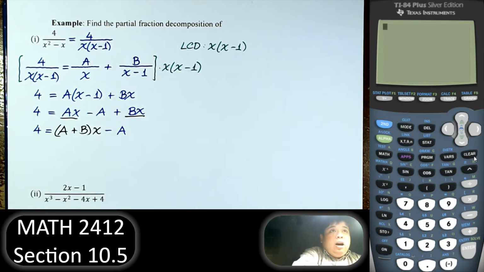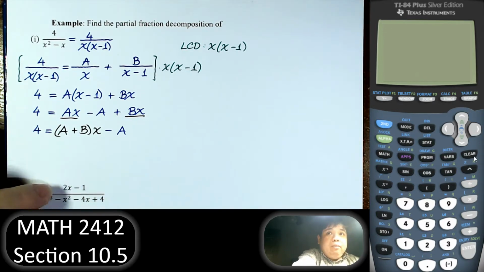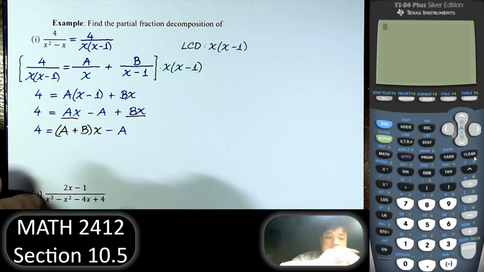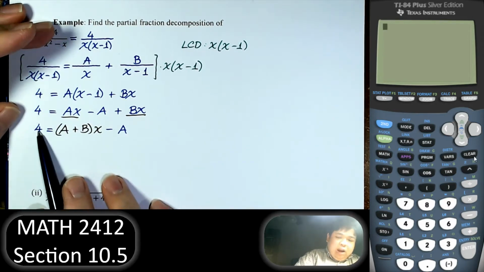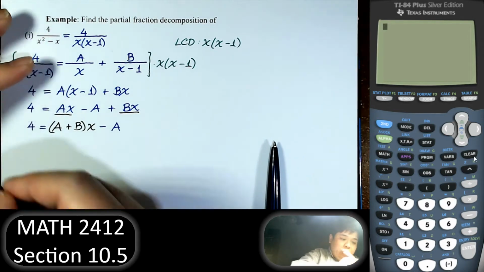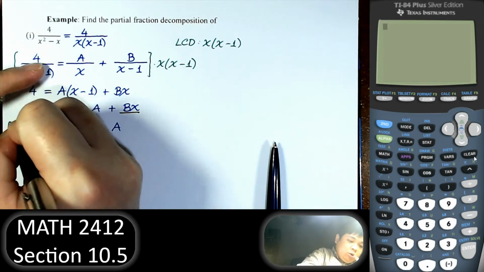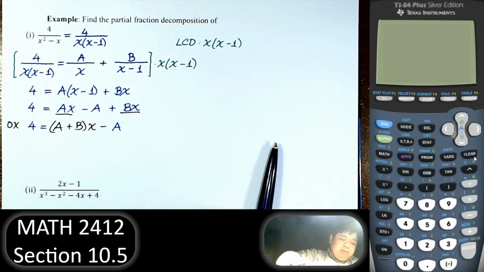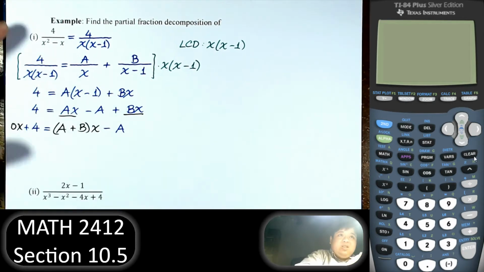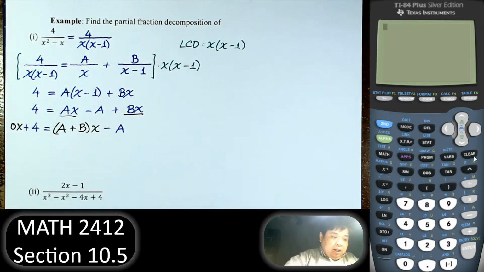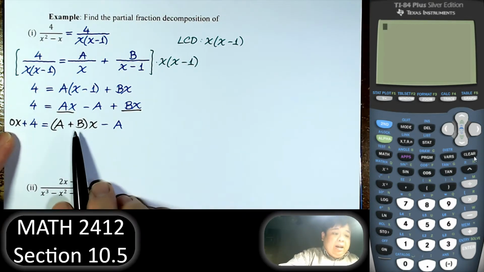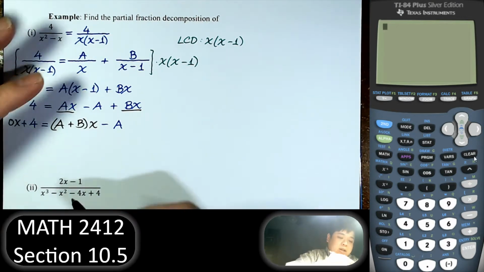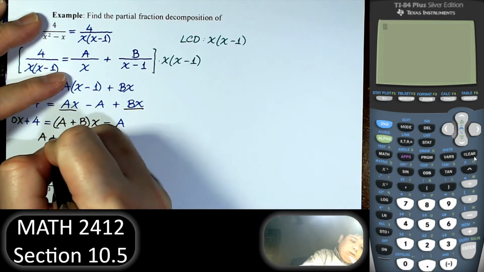Now the method of undetermined coefficients is this. If two polynomials are equal, then the coefficients of the same degrees have to be equal. So we look at this. We have 4 on one side. We do not have any x, right? So I'm just going to put 0x on the other side because there's no x. Now, same degrees have to have same coefficients. So we have a plus b is equal to 0.